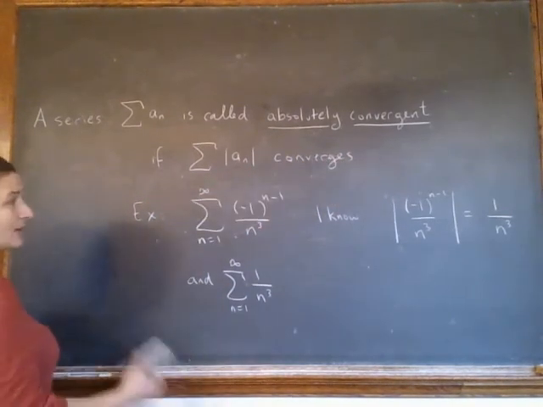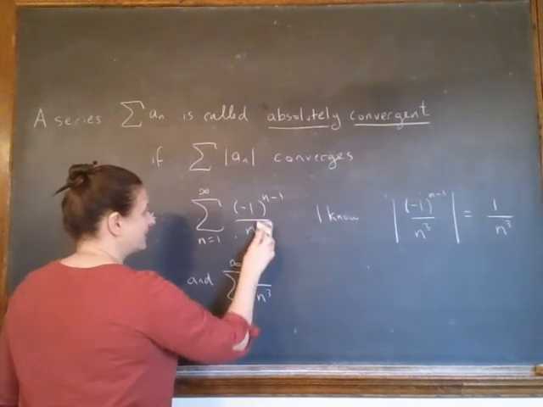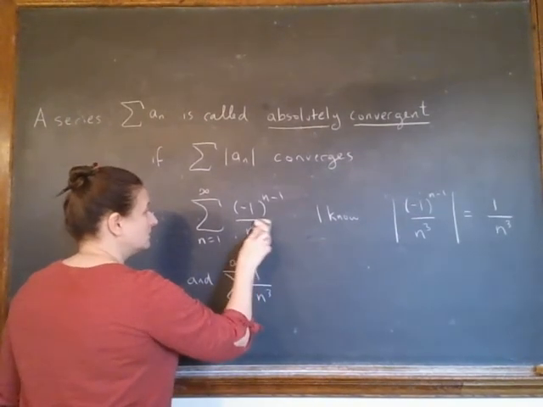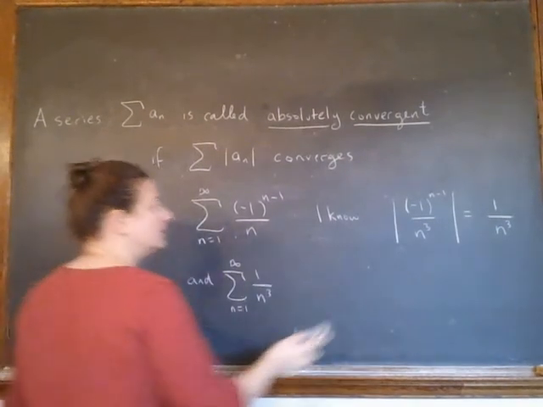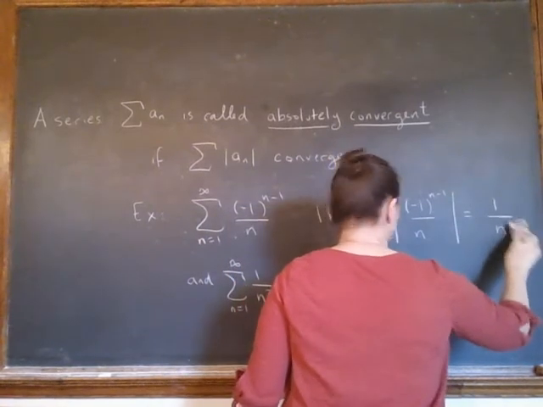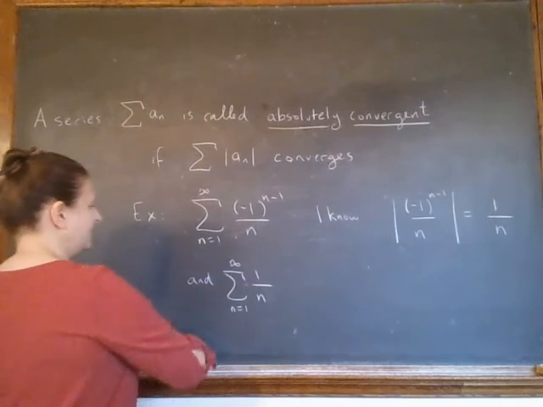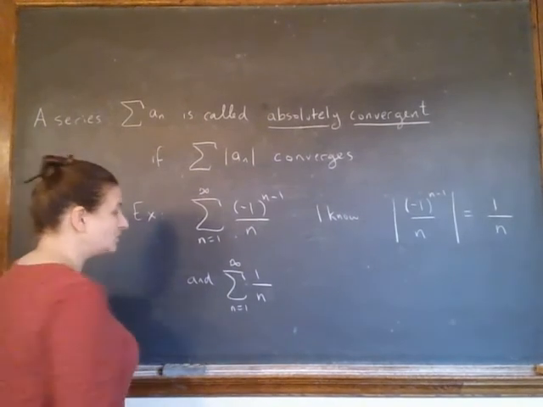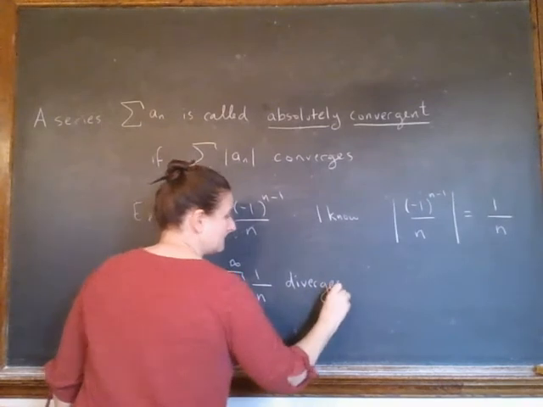Let me contrast that with a different series. Since we're doing p-series, we know if I change this, my absolute value is now 1 over n. I didn't write convergence before, sorry guys. But I know that this one diverges. Okay?